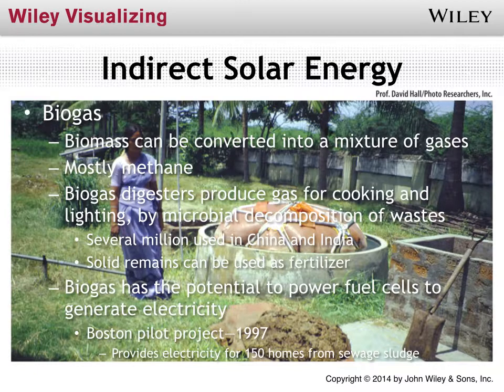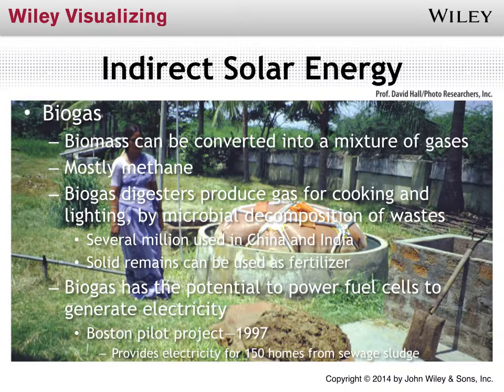Another indirect type of solar energy is biogas, where basically you have biomass that's being converted into a mixture of gases, mostly methane, and then this gas can be burnt like any other gas would be burnt to make heat or energy for cooking. It has the potential to power fuel cells to generate electricity.